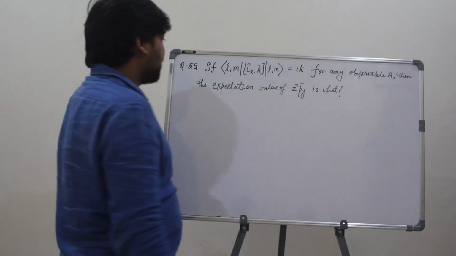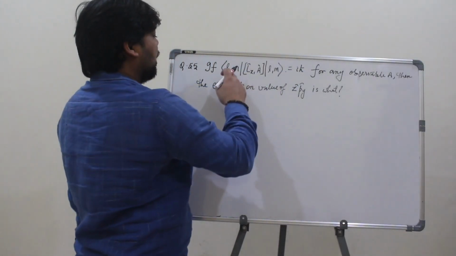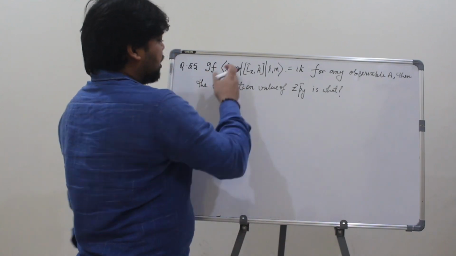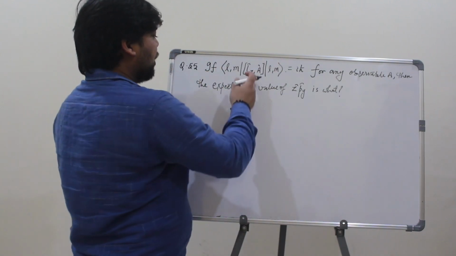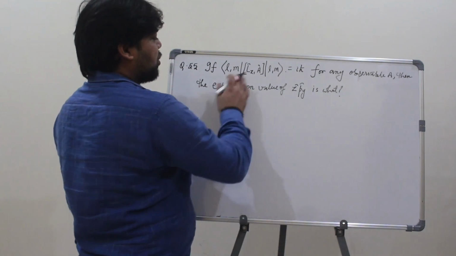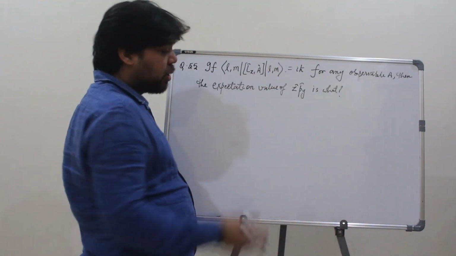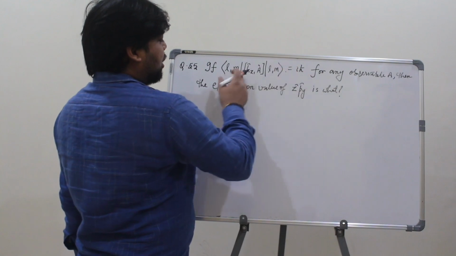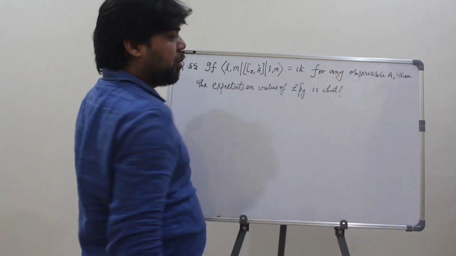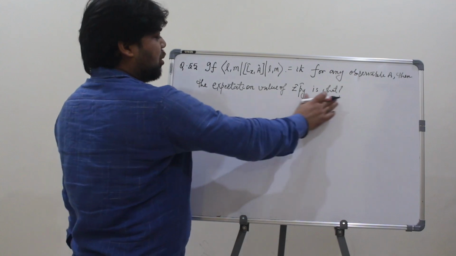Problem number 55 says that if n and m are two quantum numbers, and Lz and A are operators satisfying the relation that the commutator of Lz and A, with expectation value, is i hbar for any observable A. Then what is the expectation value of Z cap Py?